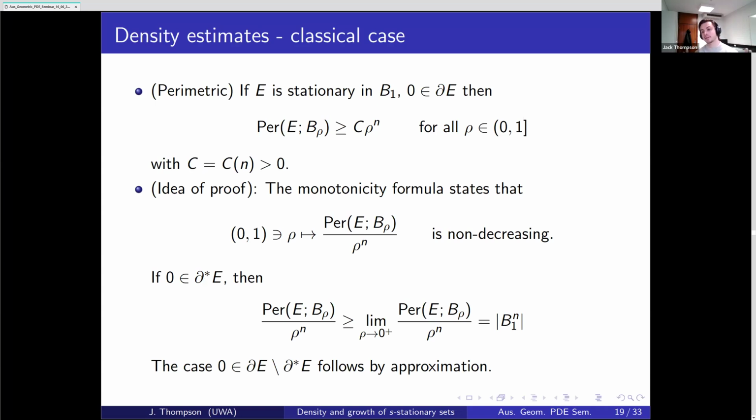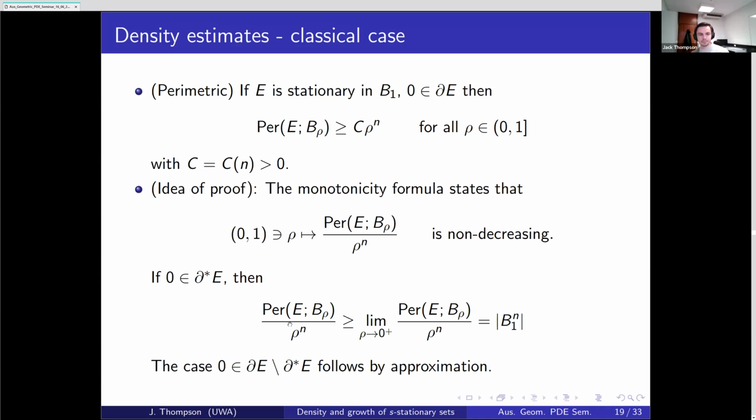Just imagine that E is C1 around 0. So if E is C1 around 0, well, then this object is bigger than this object when I take rho to 0. And this just turns out to be the volume of an n-ball, which is my constant. And then we have this comment that you can extend it to the whole boundary by approximation.